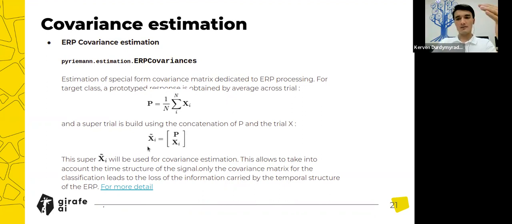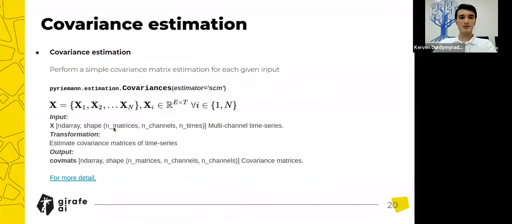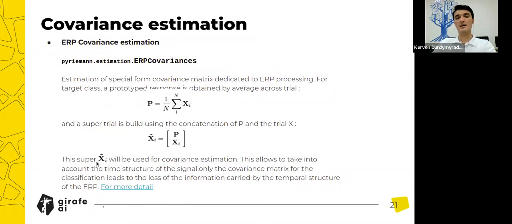After we get this super xi data, we calculate the covariance estimation for this super xi data. Sorry, it just moved up. I will fix it.